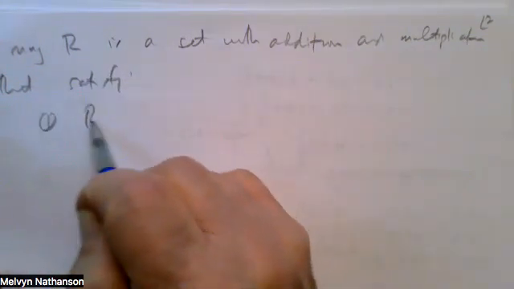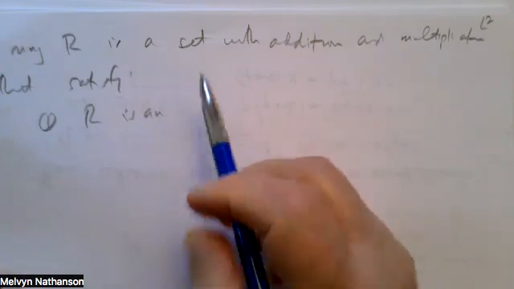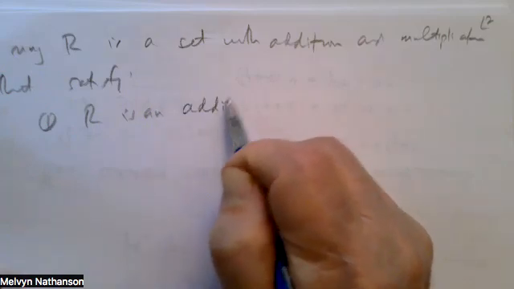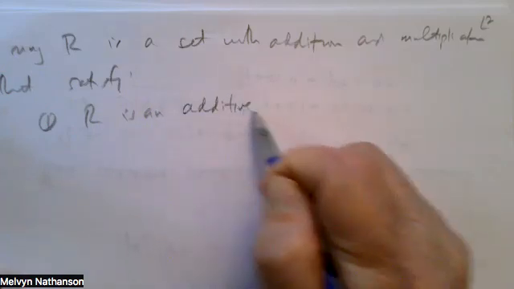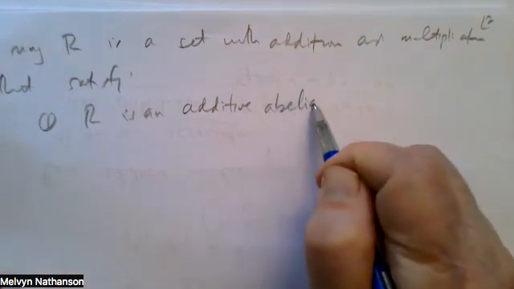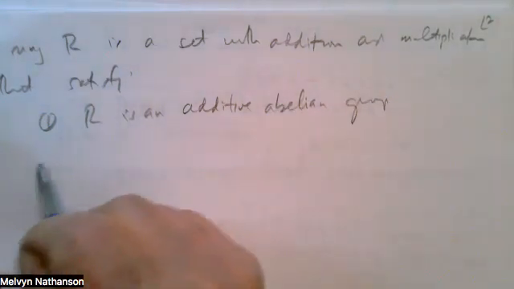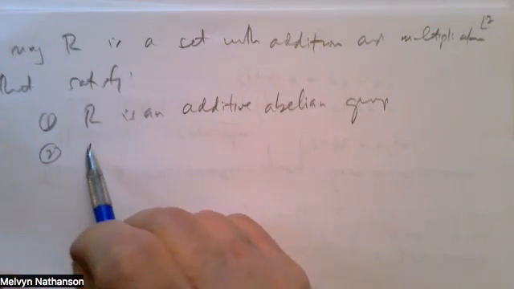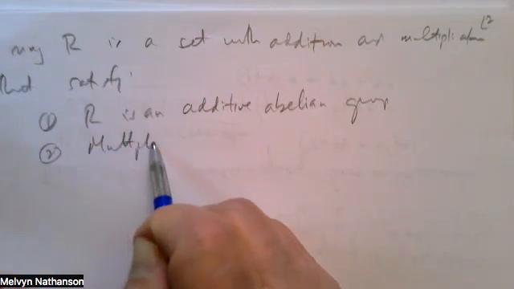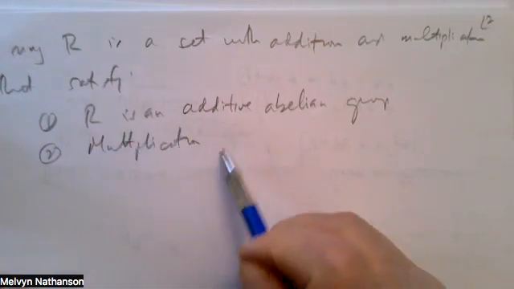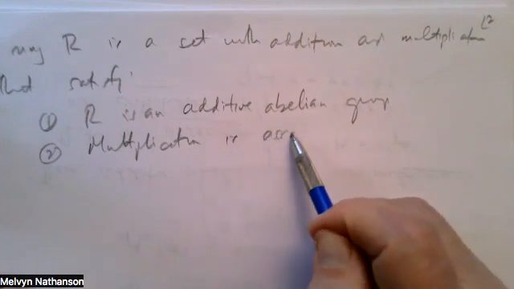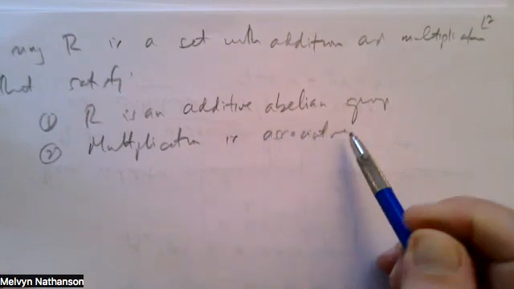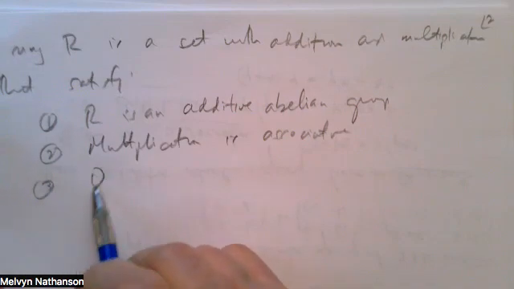First, R is an additive abelian group. Second, the multiplication is associative, and the distributive law holds.